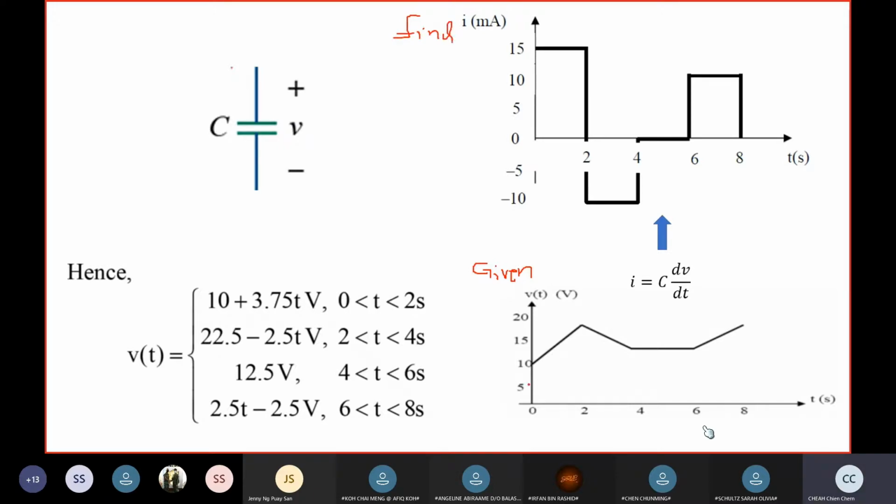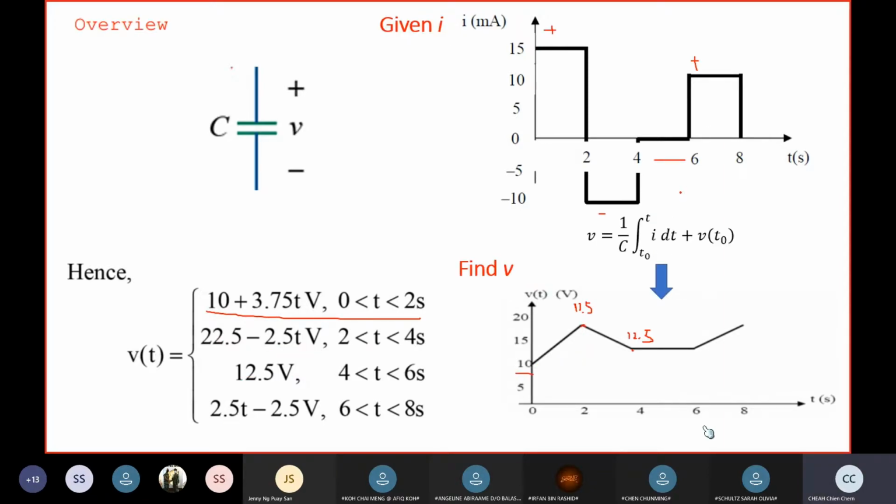You'll see that you'll get back this one. So remember, given I find voltage, integrate. Voltage does not change suddenly, even if your current changes suddenly. Here, given voltage, find I, you differentiate voltage, multiply by C, and then you get the current.